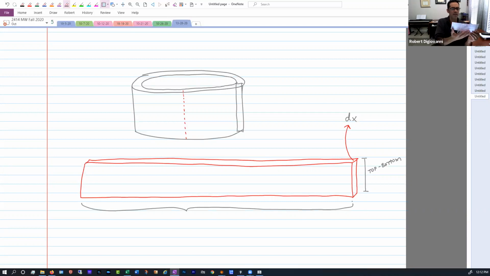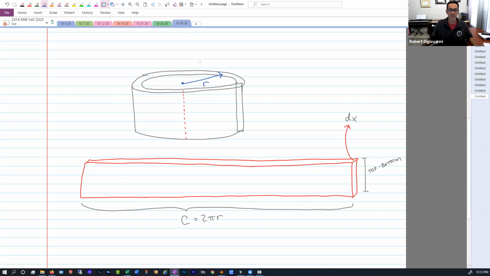This length should also be the what of this? Circumference. It should be the circumference of that circle, which means that the circumference should be 2 pi times the radius. 2 pi r is circumference, which means we need to know the radius of this, right?